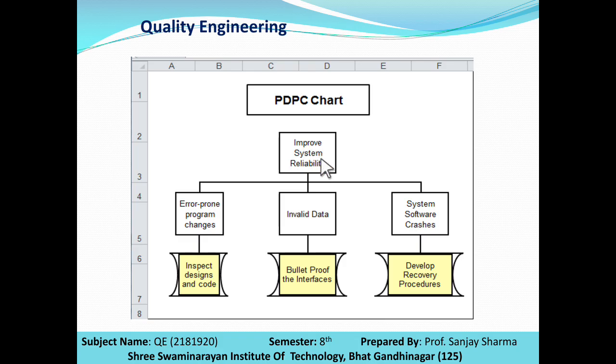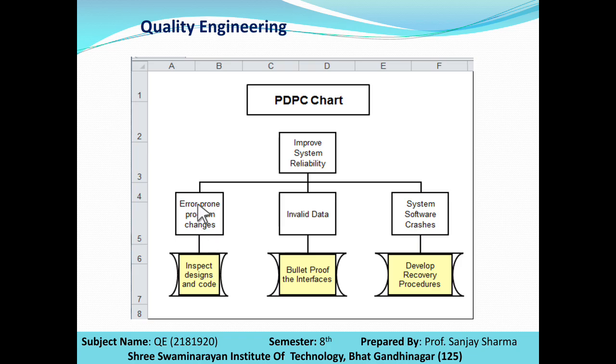If we want to improve the reliability of a particular system, we should avoid the system crash, separate out the invalid data, and also address error prone program changes.